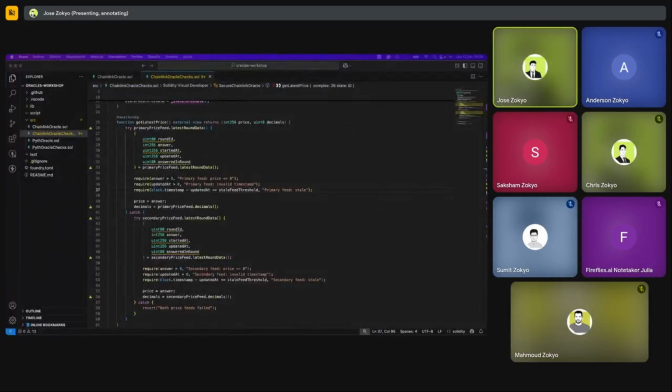Okay. Some other important things to be considered. One of the most important ones is to never assume that any stablecoin is going to be equal to 1.